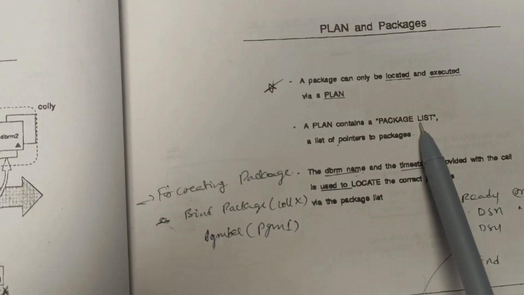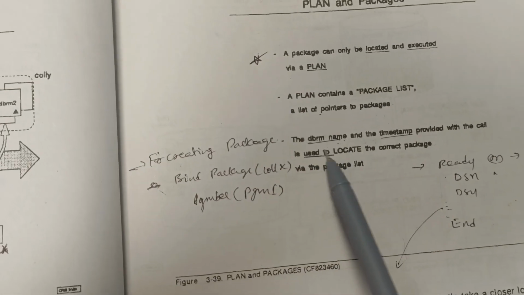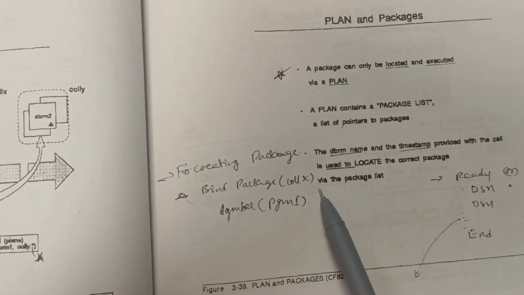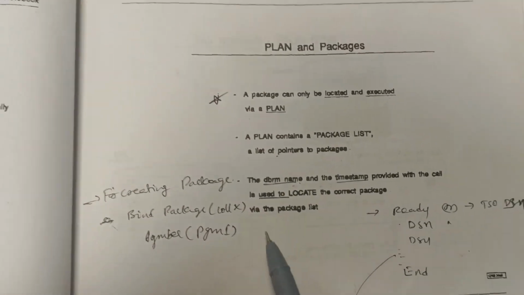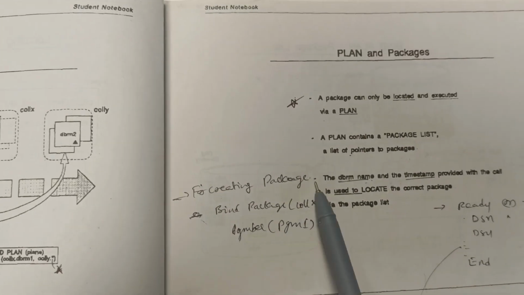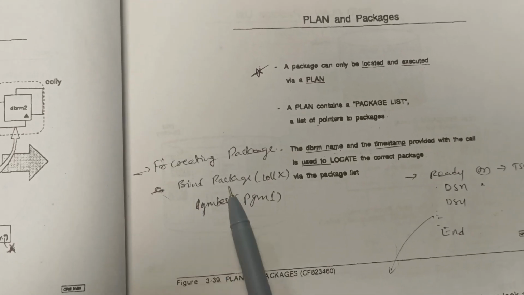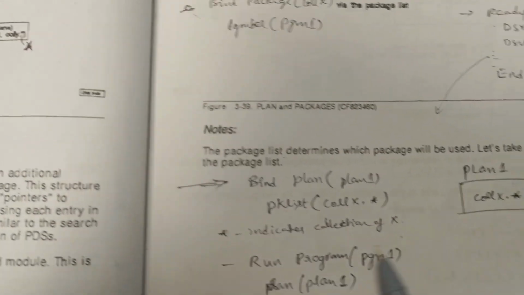That's why the plan contains the package list, a list of pointers to the packages, and the DBRM name and timestamp provided by the call are used to locate the correct packages via the package list. For creating a package, this is the syntax: bind package, collection, and the program name. These are different types of syntax.